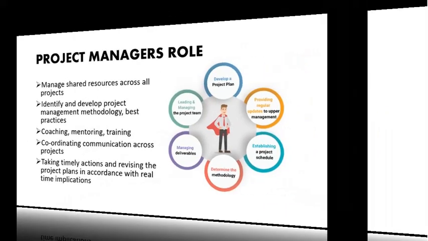Then we have the different responsibilities of the project manager. The responsibilities of the project managers can be divided into three categories. First being the responsibilities towards the parent organization, that is the organization for whom he is working.